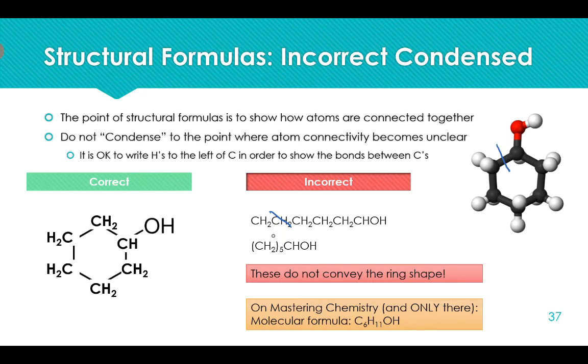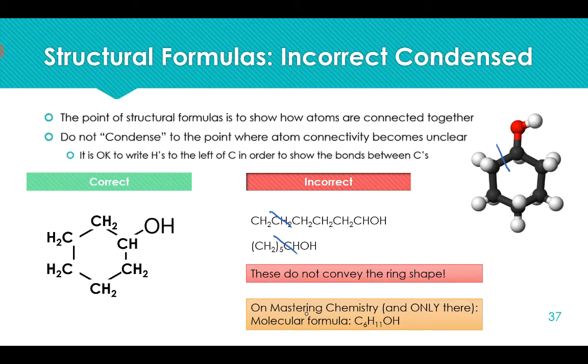You're also not allowed to write CH2 and then however many are in the ring. You can't do that. You have to convey the ring shape whenever possible.